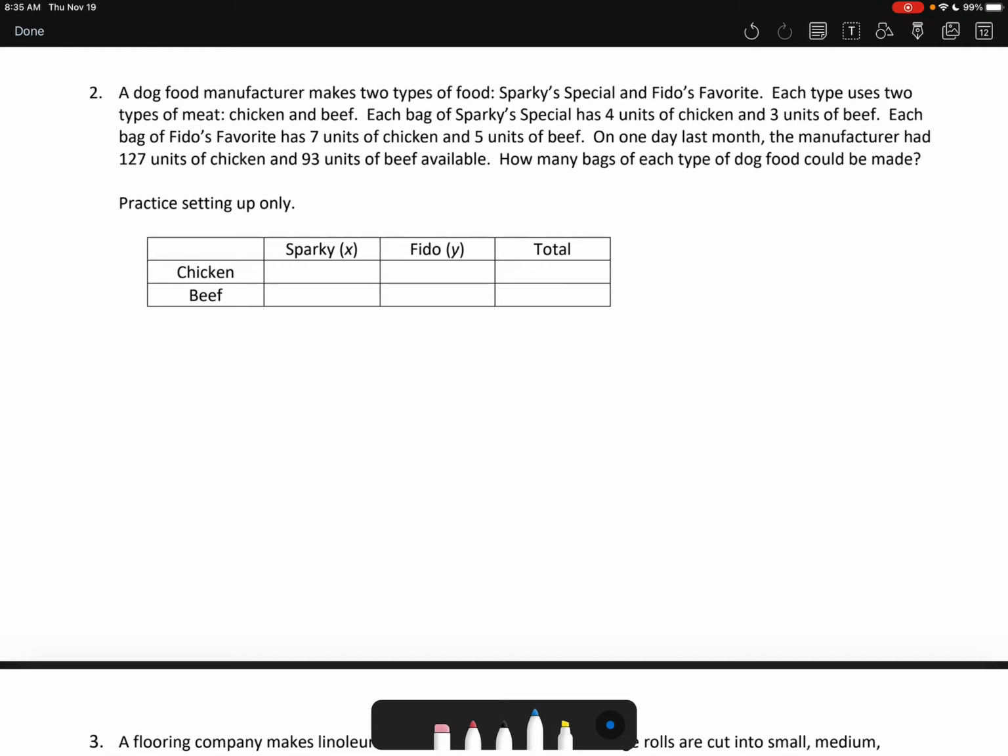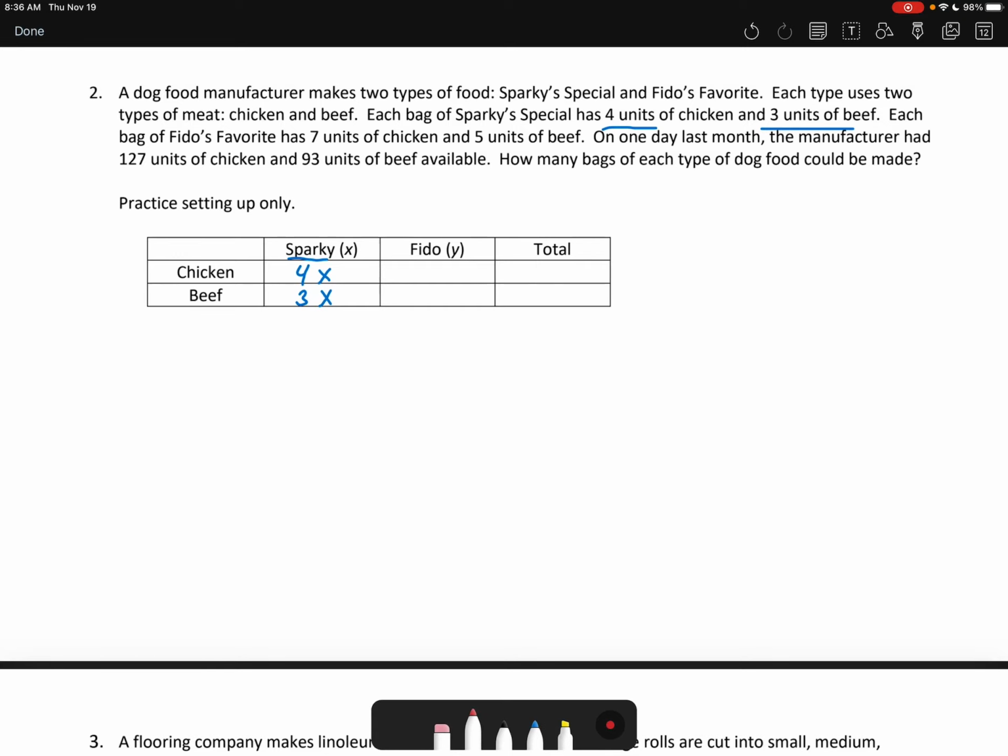And if you format things in a chart like this, it can make it a little bit easier to keep track of. So if I go back to my wording up here, each bag of Sparky's has 4 units of chicken and 3 units of beef. So if I go to Sparky's and then go down, chicken is 4, beef is 3, and I see that both of those need an X with them because they're in the X column.